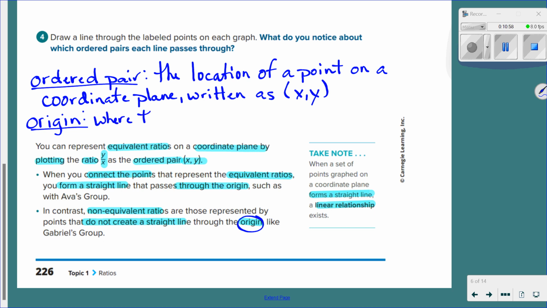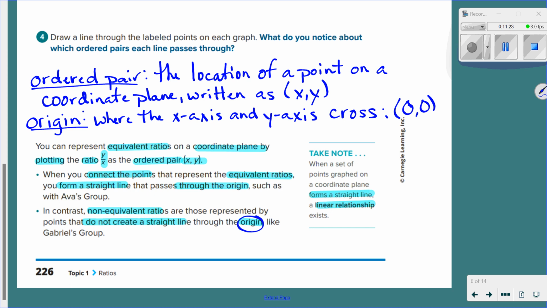So where the x-axis and y-axis cross. It is given as an ordered pair of (0, 0). So when both my x and my y values are 0, that is what we call origin. It is basically the start of the coordinate plane.